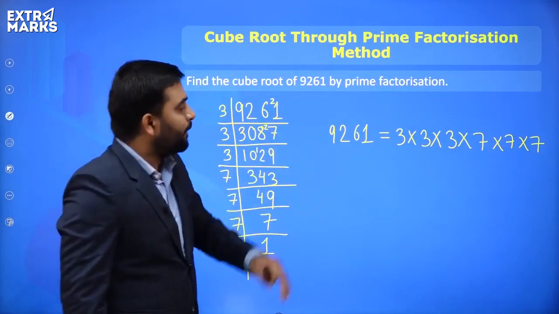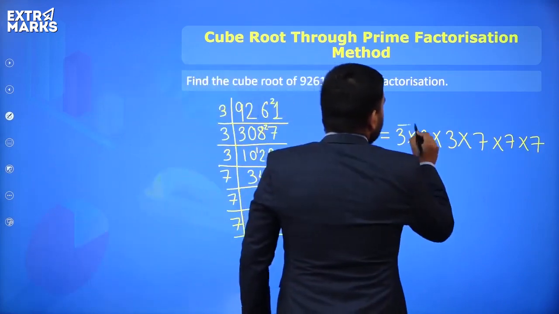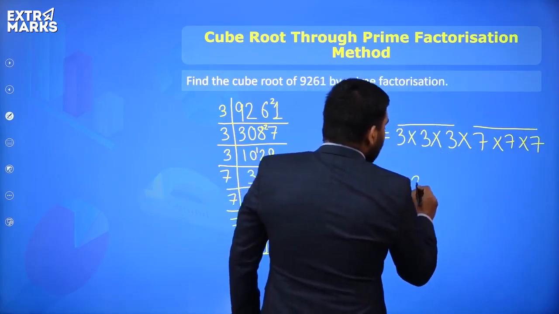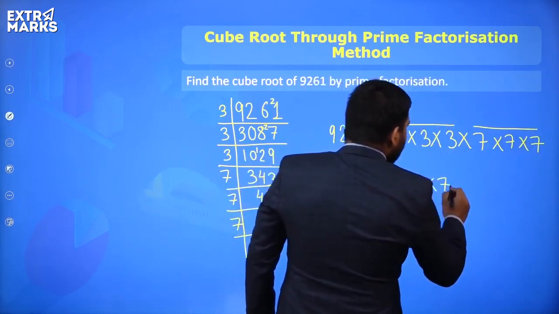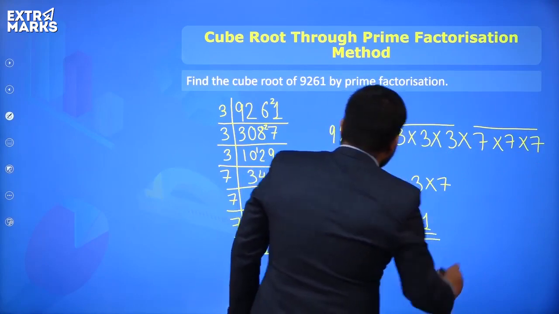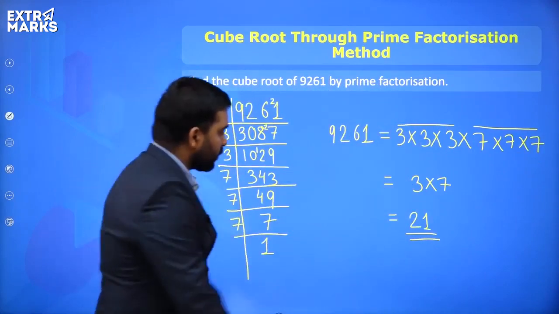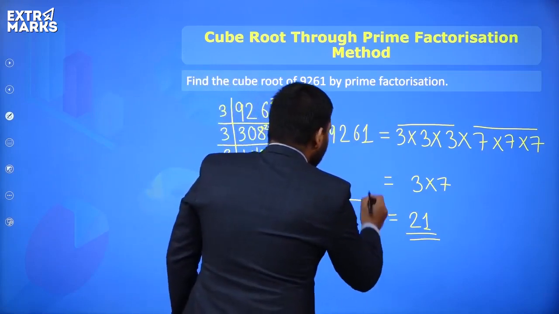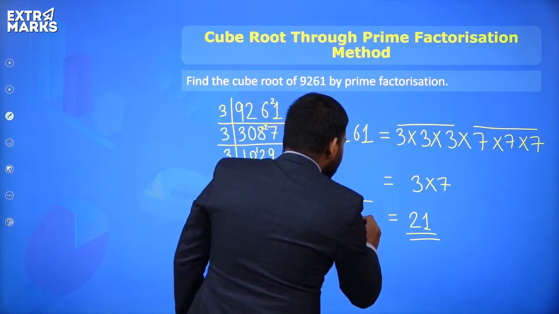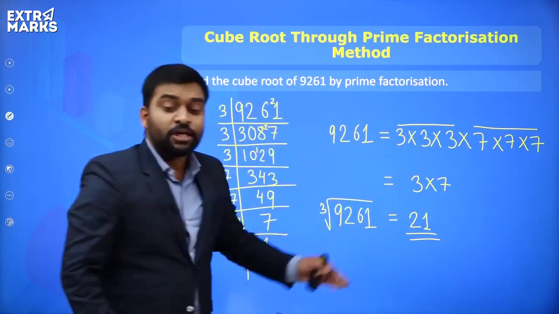We do the pairing of three numbers. 3 similar numbers. So how much will you get? 3 times 7. That is how much? 3 7s is 21. So we can say that everyone, the cube root of 9,261, it's how much? It is 21.